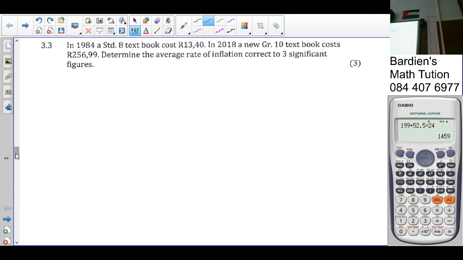Okay. So how many years? So firstly, for inflation, which formula do I use? Compound. A equals P into (1 plus i) to the exponent n. So what's your A value? What you ended off with. Determine the average rate of inflation, so it's i we're calculating.